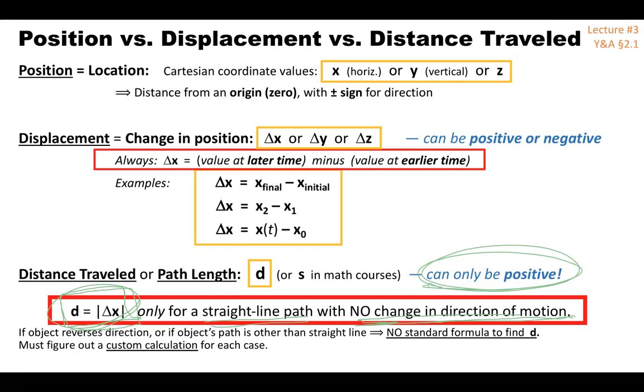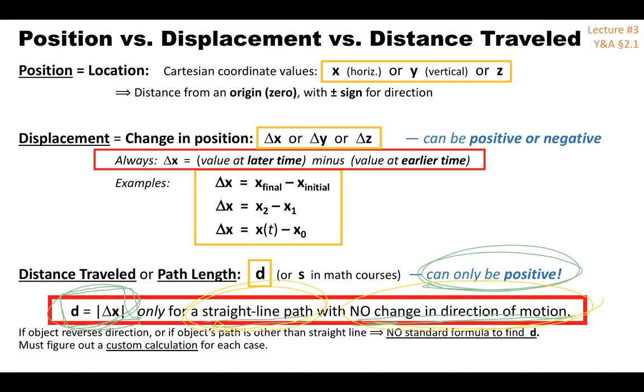What do you do if an object has a change in direction of motion? Suppose you have a car on a straight line road, but the car reverses or goes backward at some point during our delta t. Or you have an object in 2 or 3 dimensions, and it has a path that changes direction, so it either turns through some angles or curves.